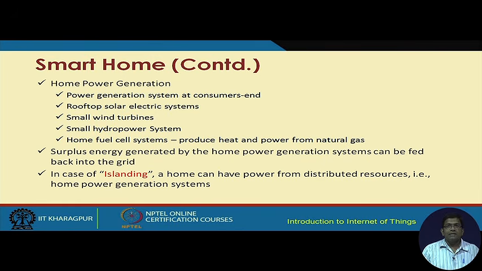Surplus energy generated by the home power management systems can additionally be fed back into the grid, and these consumers can in fact act as energy generators and earn some additional money through this process. And in case of islanding, a home can have power from distributed sources, that is, they can have home power generation systems.